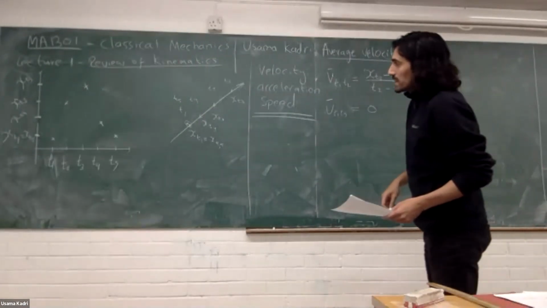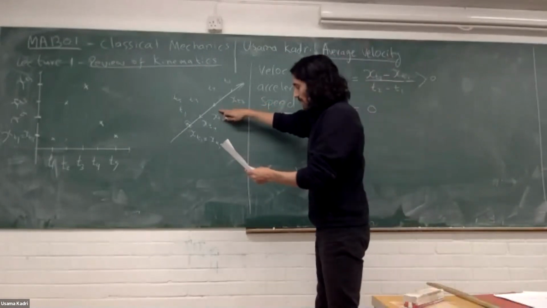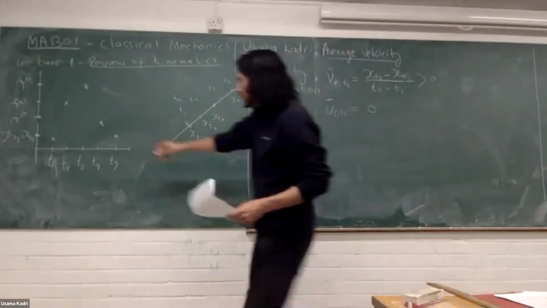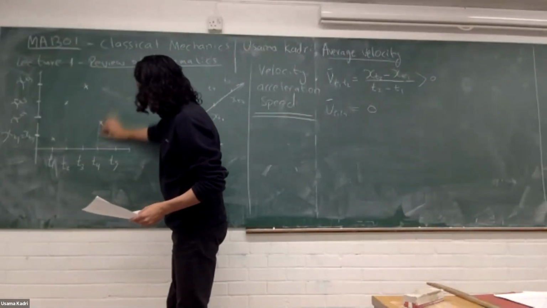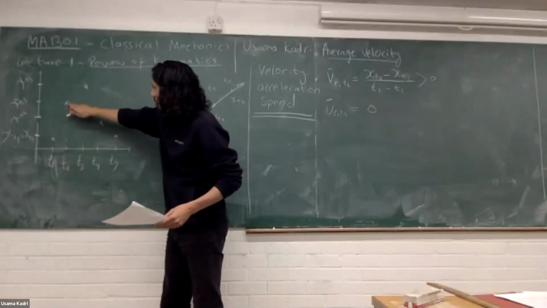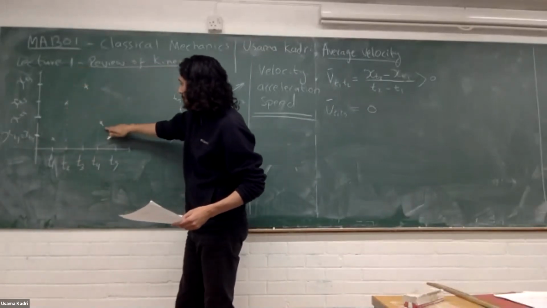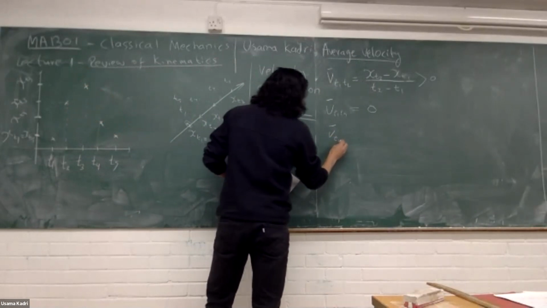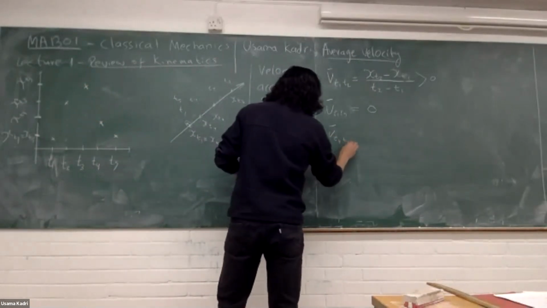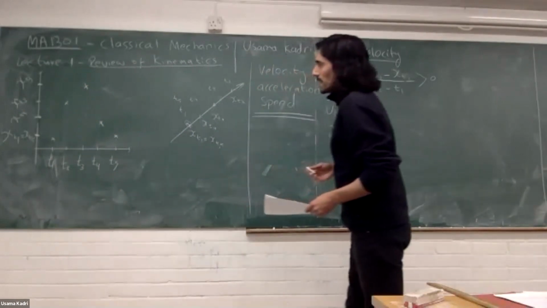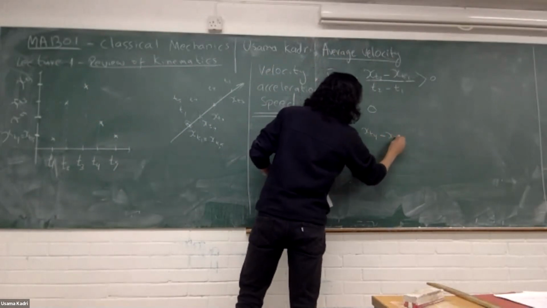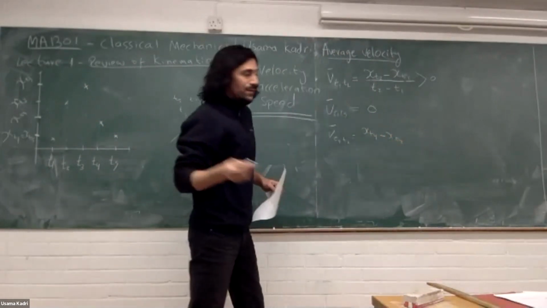We can also look at a third example between t4, for example, and t2. So between t4 and t2, let's look here. So the average velocity between t4 and t2 is x of t4 minus x of t2, which is negative, divided by t4 minus t2.